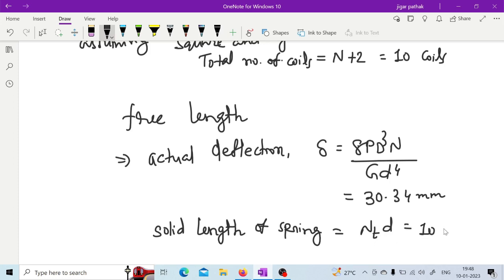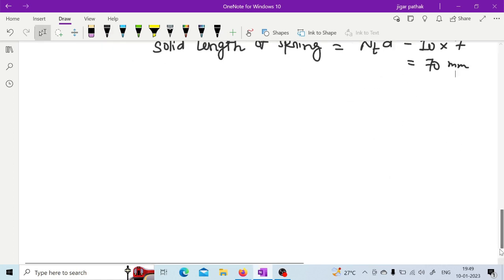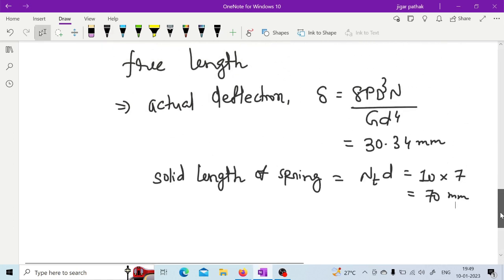NT we have calculated as 10, small d as 7, so here you will have 70 mm as your solid length of spring, right?